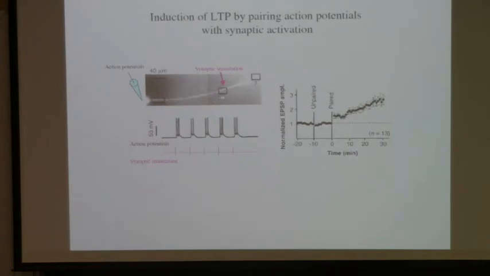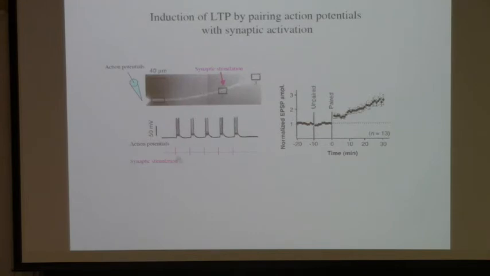And here they put another small stimulating electrode to activate synapses only in here, very local. And with this electrode, they can produce action potentials. So here are the action potentials produced, for instance. And they can also stimulate locally in here to produce local synaptic responses.